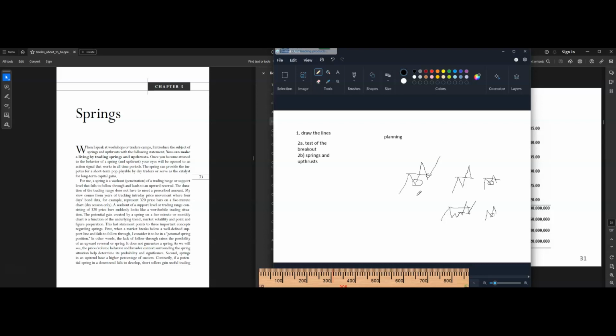And so you've got to pay attention to not just the line, but other things, meaning the amount of thrust in the rally, the amount of follow through after the breakout. And that points me to another thing. You've got to know where your breakout bar is.